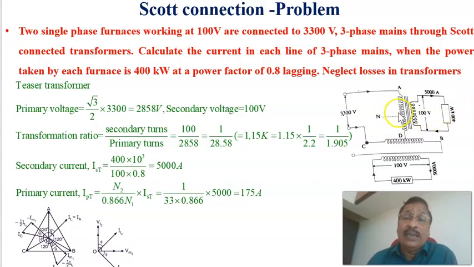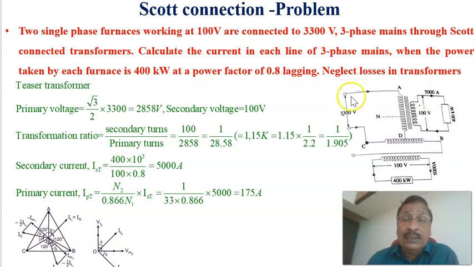You have to calculate how much current is reflected in the primary of the teaser transformer. For that, it is equal to N2 by N1, the turns ratio, 0.86, into this current, and we will get 175 amperes as the current through the teaser transformer primary, same as the line current IA. Therefore, the primary voltage is equal to 3300.